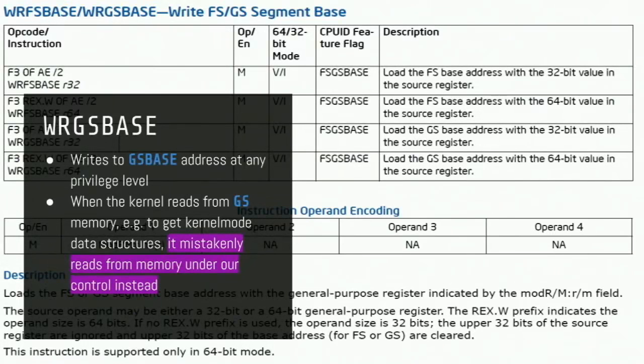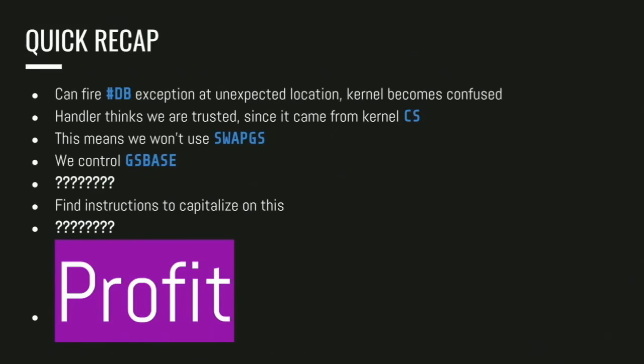So when the kernel reads GS memory, it doesn't dereference your thread environment block or your processor control region. It dereferences memory that you completely control. That makes it even easier to exploit than just overwriting your TEB. So Nick's going to do a quick recap to explain where we're at and what we have now.